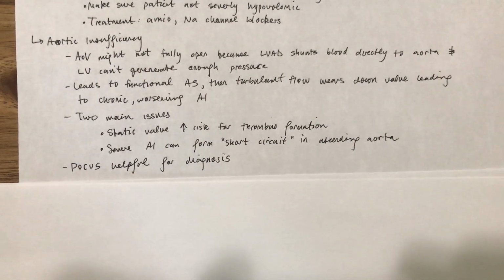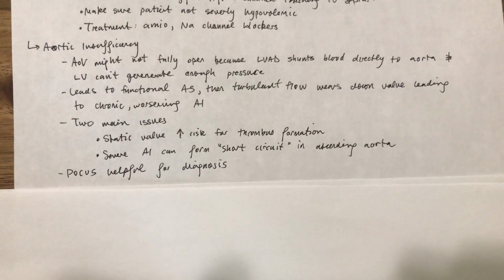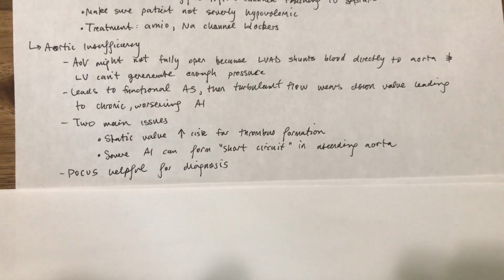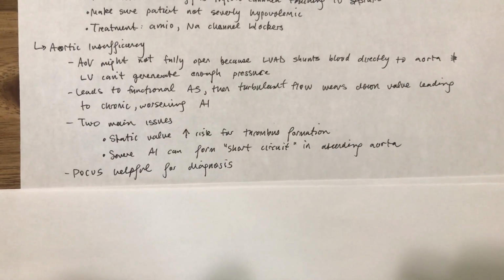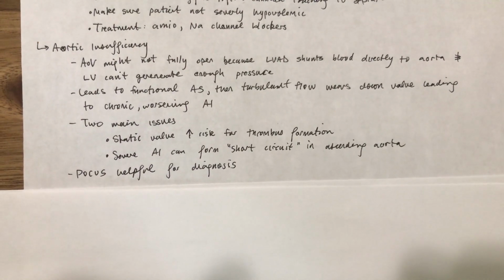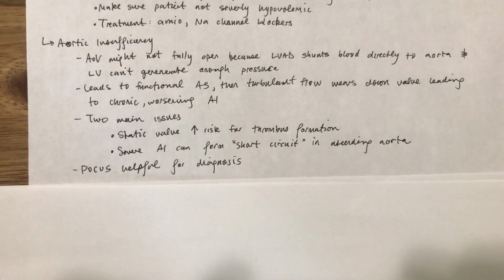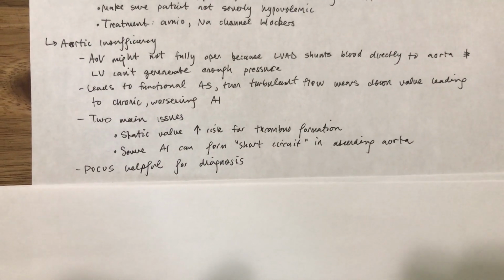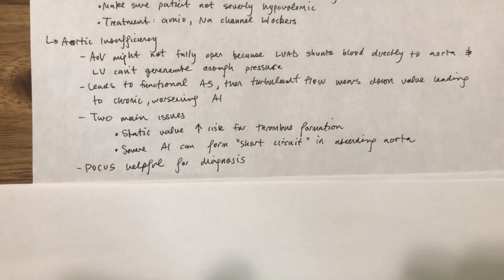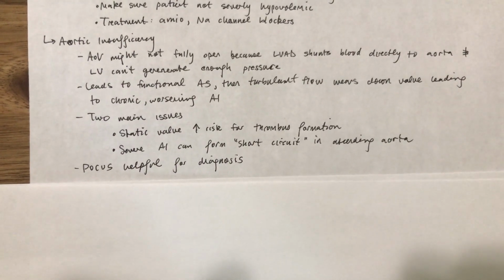The other issue is that if the patient develops severe AI, there can be a short circuit of blood in the ascending aorta. What I mean by that is that blood ejected through the VAD will go retrograde up through the aortic arch and down through the aortic valve back into the LV, and then out of the VAD again.